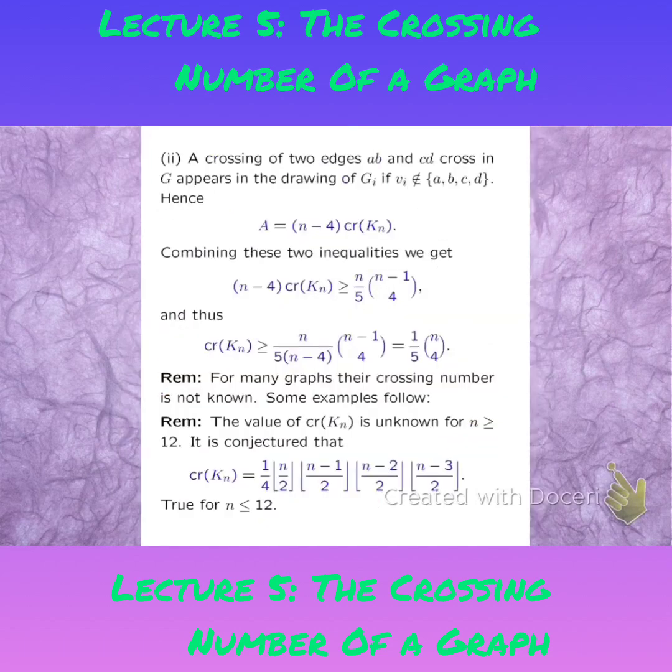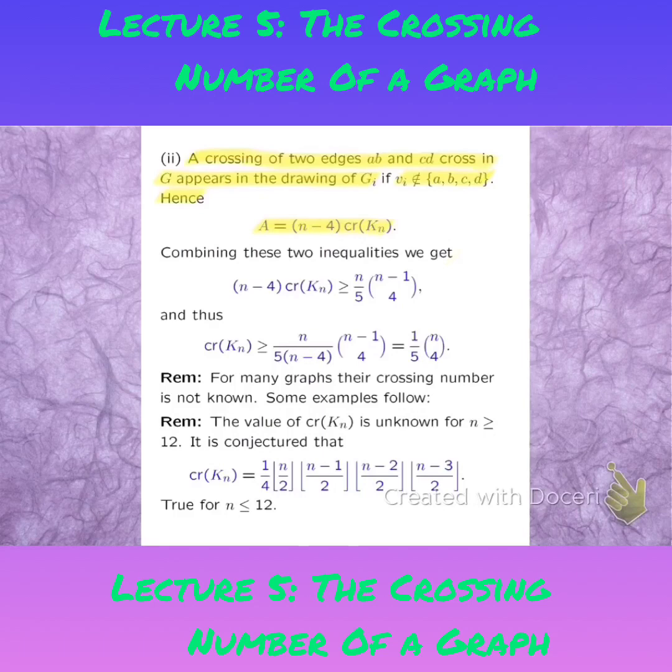Then the second way you can express A: a crossing of two edges AB and CD in G appears in the ith drawing only if the vertex that you deleted to get G subscript i is not in that group of vertices. So hence A is exactly equal to n minus 4 times the crossing number of Kn.